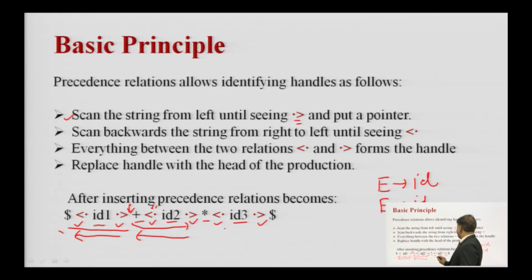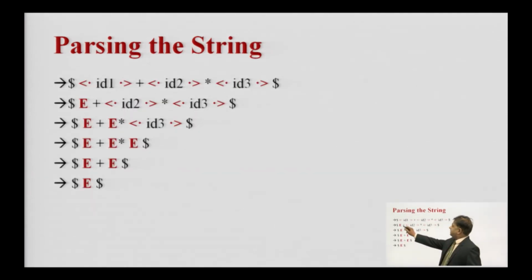Similarly here I move forward until I get the higher precedence relation, and once I get the higher precedence relation, I start moving into backward direction until I get the less precedence relation, right. So again I find E derives ID as a handle. So this can be reduced like this, that this is my string, first step.